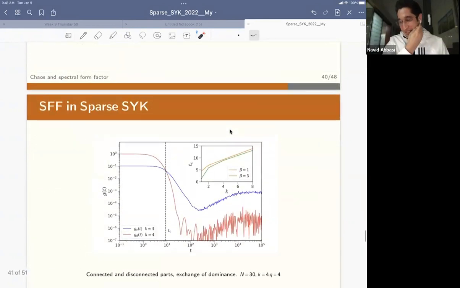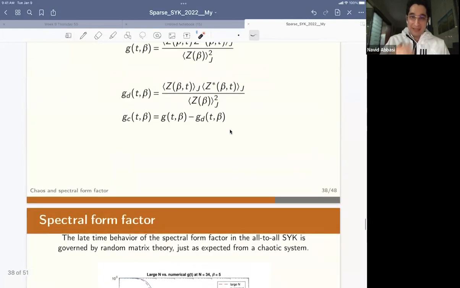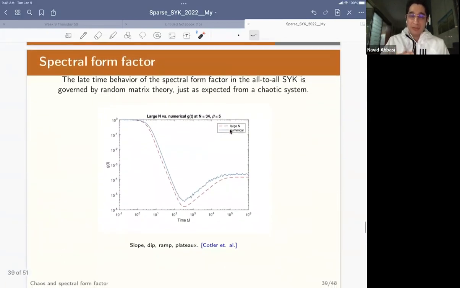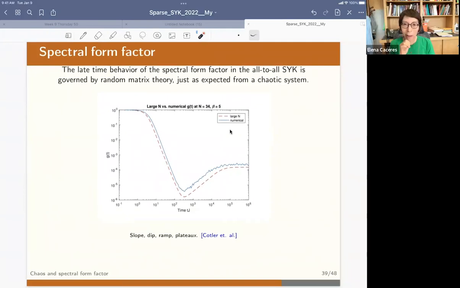My next question, Elena, is: after all these computations, can we say anything concrete about the specific values of k and q that we can use in our future computations? Well, it depends who you ask.